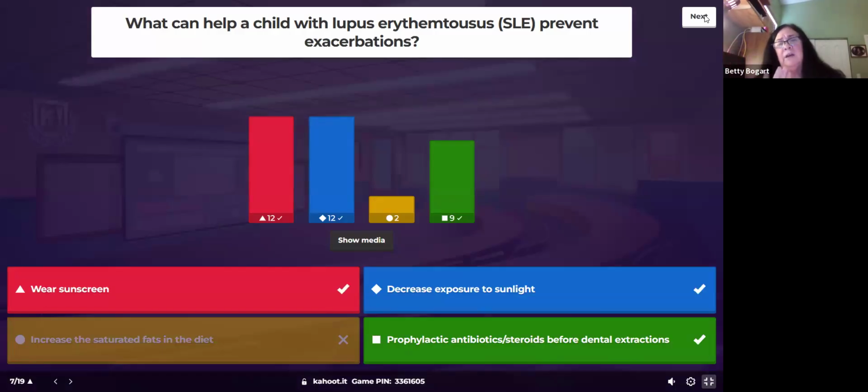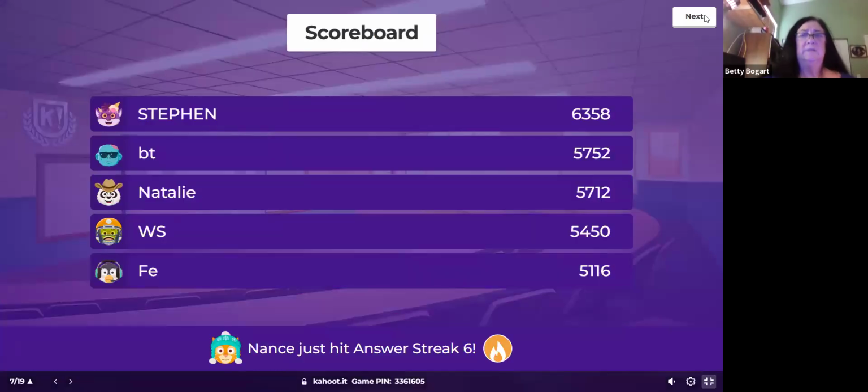So wear sunscreen, decrease that exposure. The other thing with usually immunosuppressed children, especially with lupus, is again prophylactic antibiotics or steroids before things like dental extractions and whatnot, to prevent problems. Okay, that'd be something you'd have to talk about with the doctor if they want to do prophylactic.